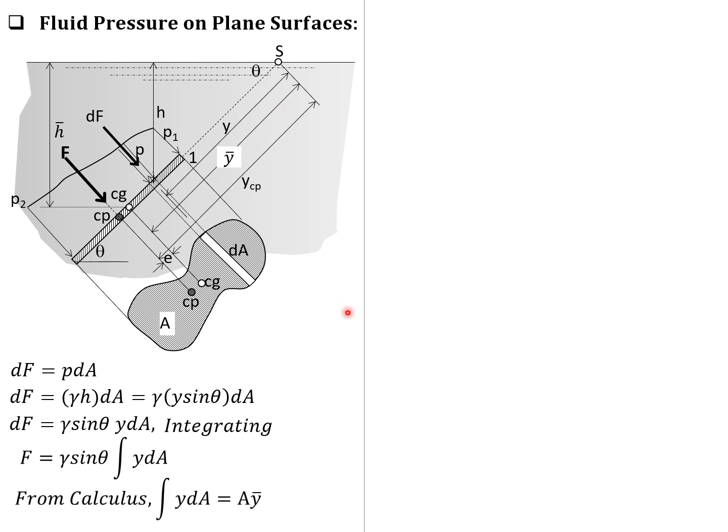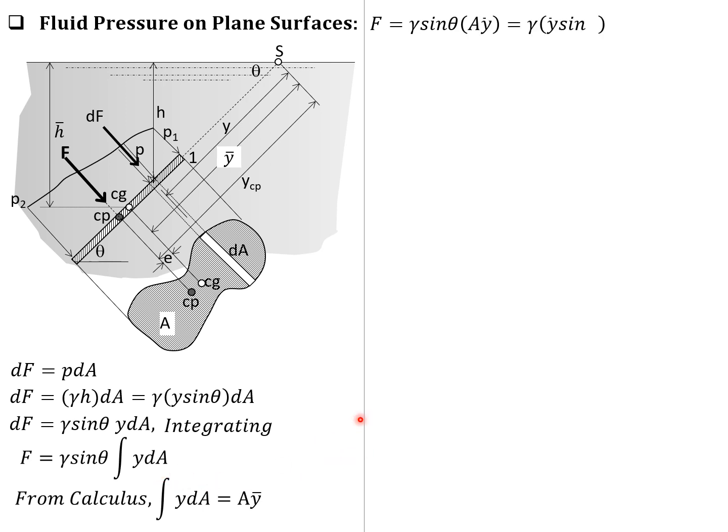So from calculus, integral of y dA is area times barred y, or we interpret this in another way by Varignon's theorem that the moment of area about the line through point S, area times barred y, is equal to the sum or the integral of the moments of this differential area, which is dA times y, or y dA.